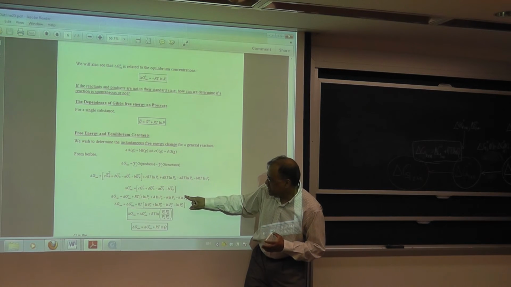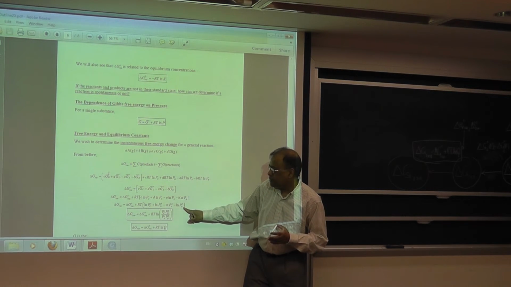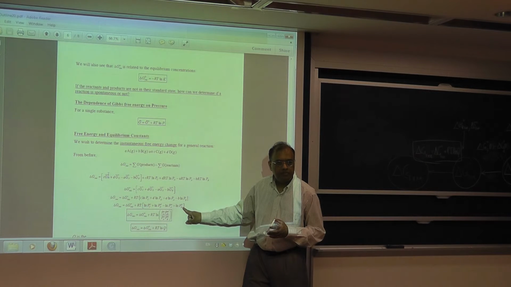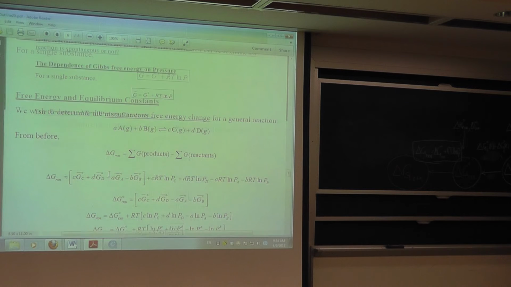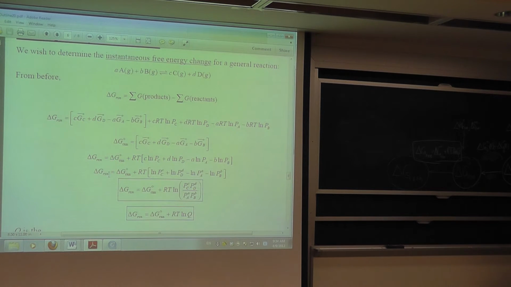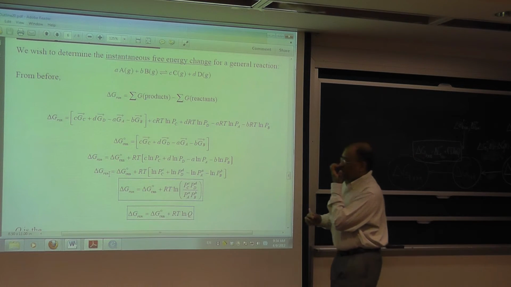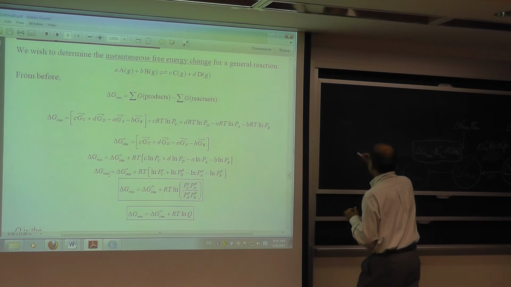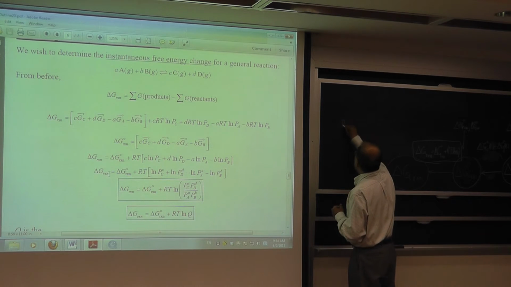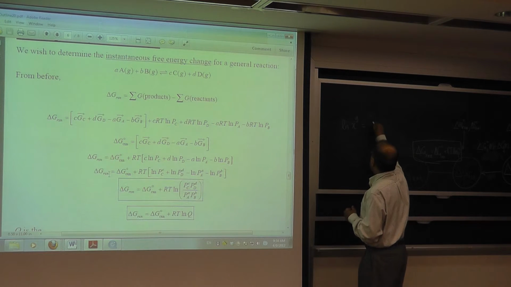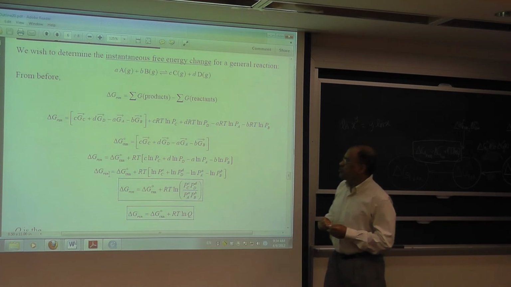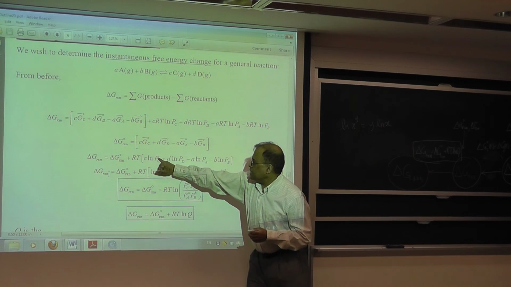How did I go from this equation to this equation here? We put the A up, use the log rules. I use the log rules, which say that if you have log of x to the power y, that's equal to y ln of x. Okay, I use that rule to go from here to here.